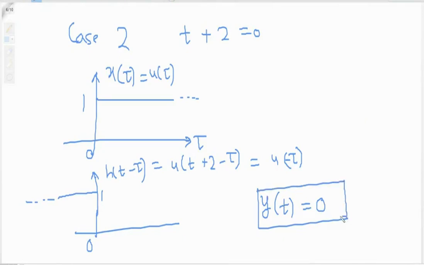Now what will be case number 3? Case 3 is t plus 2 greater than 0. The x of tau sketch is fixed because there is no t.